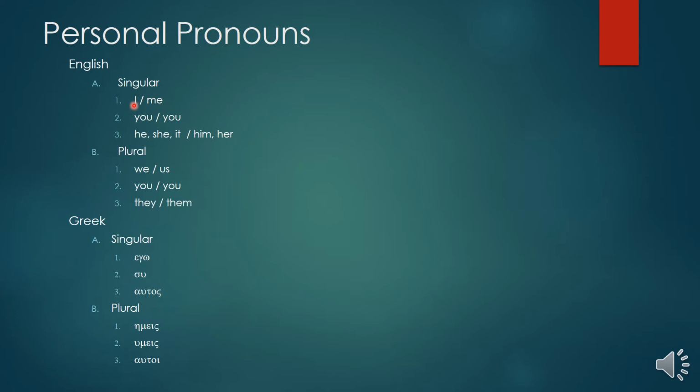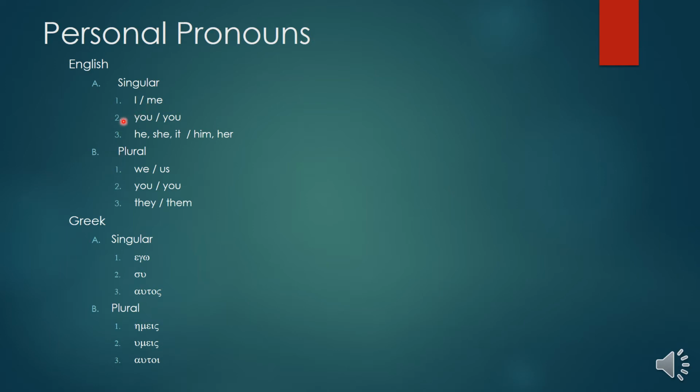If I use I in the subject, I say I ate the bear. But if I use the first person pronoun as an object, I will say the bear ate me. So I is the subject, me is the object.